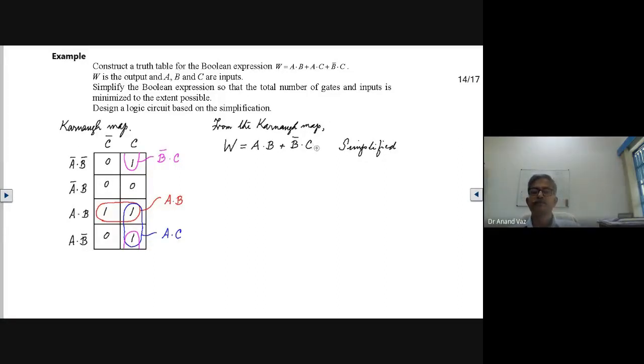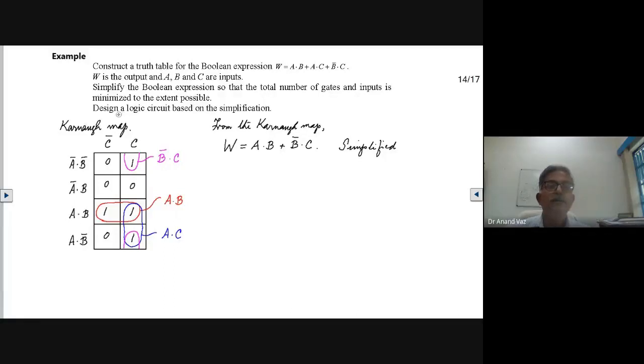Okay. The next thing is simplify the Boolean expression so that the total number of gates and inputs is minimized to the extent possible. And you can see that this is possibly the best extent to which you can go as far as simplification is concerned.